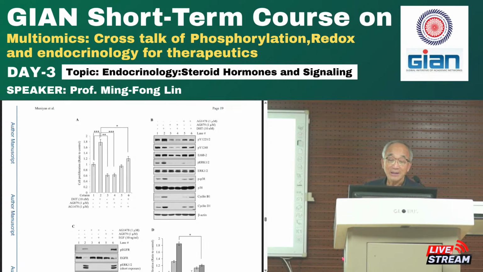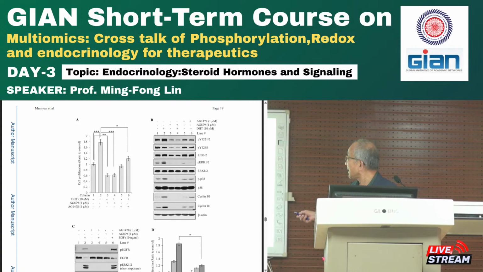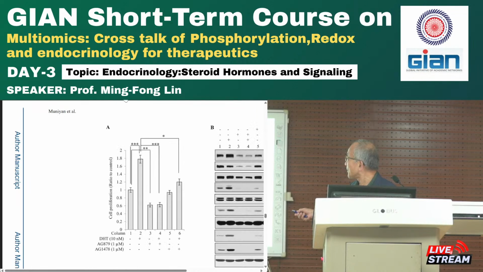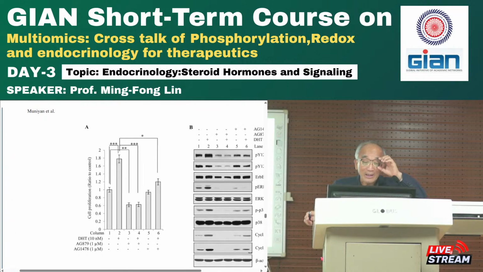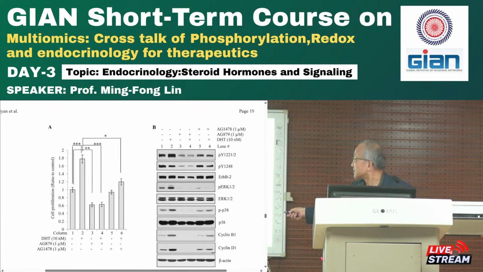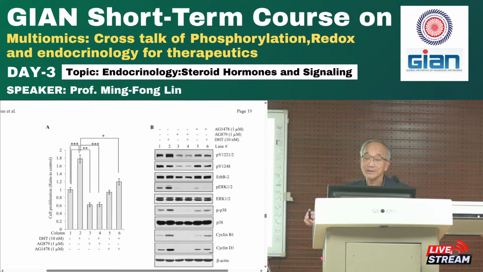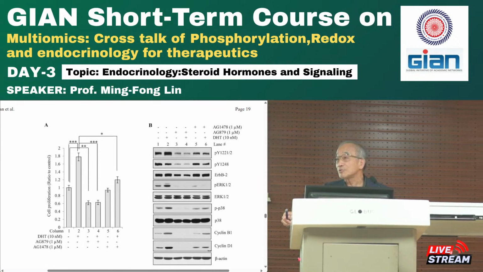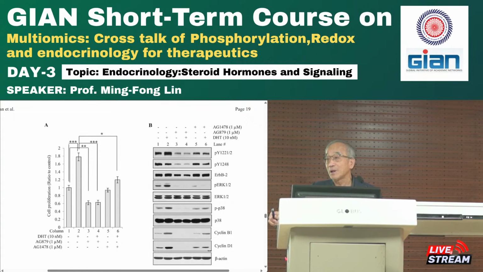So you can see the ERB2 inhibition greatly inhibits the cell proliferation. Okay, then the EGFR inhibitor actually does not have much effect. It can inhibit some androgen stimulation, but not as dramatically as the ERB2 inhibitor. So that gives us the thinking that ERB2 could be the primary one, but not EGFR.